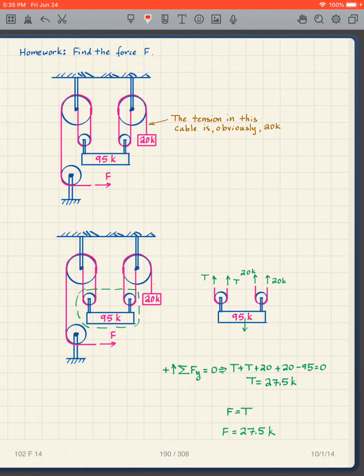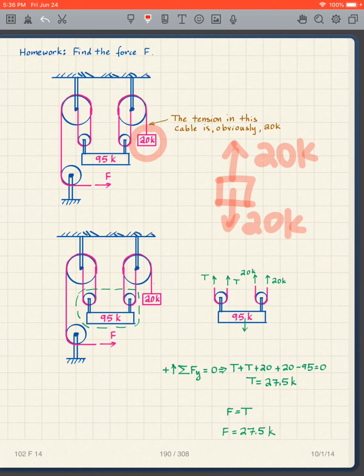Okay, so let's start with the obvious. The tension in this cable is obviously 20 kips, right? Because I just take this free body diagram, and I have the 20 kips going down, and I have to have 20 kips going up.